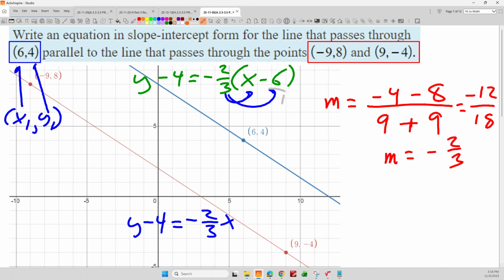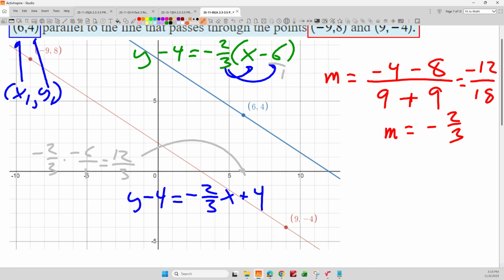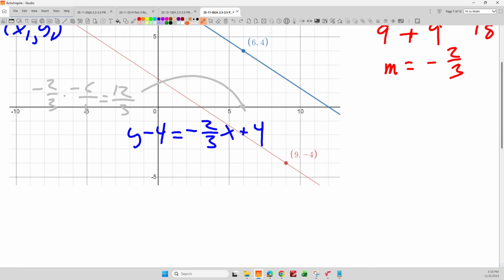So if I do that product, -2/3 times -6 over 1, that's going to give me +12 over 3, which is 4. And then finally, last step, just add 4 to both sides, and we got it. Y equals -2/3 x plus 8.